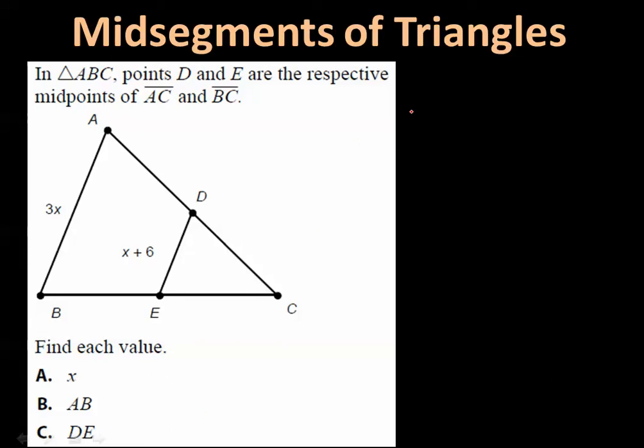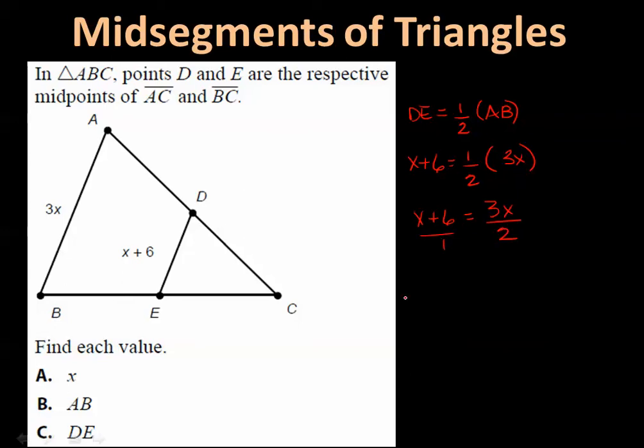So what I'm going to do is say that DE is going to equal half of AB. DE is x plus 6. AB is 3x. So I got x plus 6 equals 3x over 2.